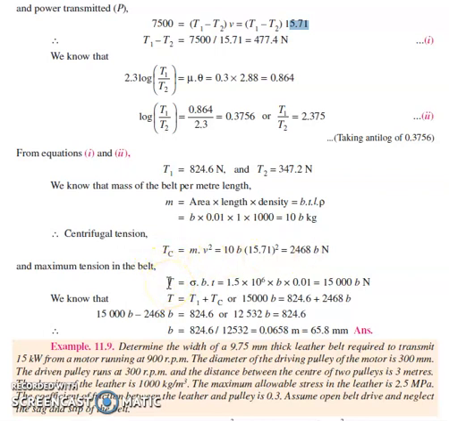Now the maximum tension in the belt, this is the second formula you need to take up. The maximum tension in the belt is equal to sigma into b into t. It's very simple. We know stress is equal to load by area. Tension, the unit is Newton. For the load also the unit is Newton. For area, meter square. Here area is b into t, b is meter and t is also meter, so we get meter square.